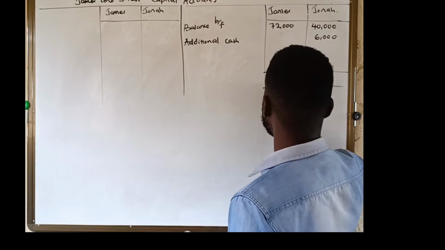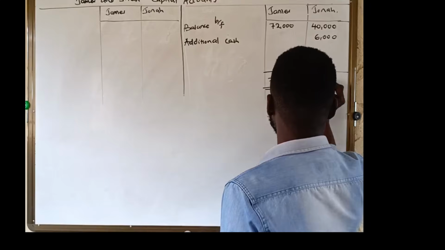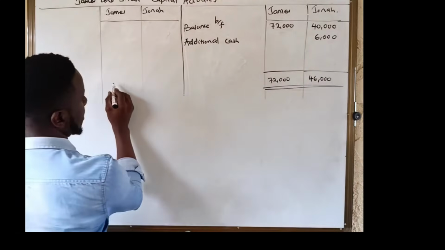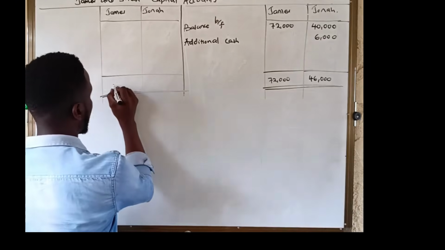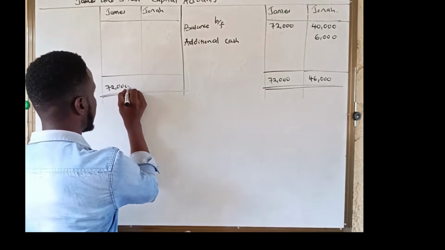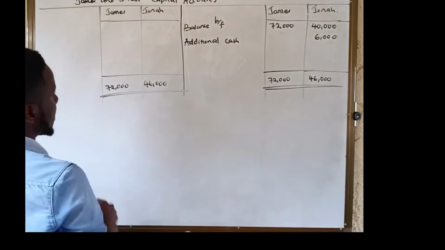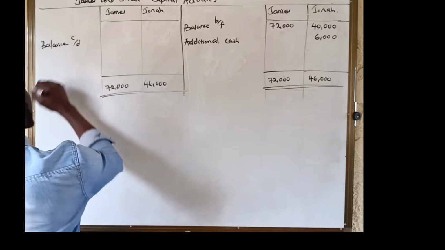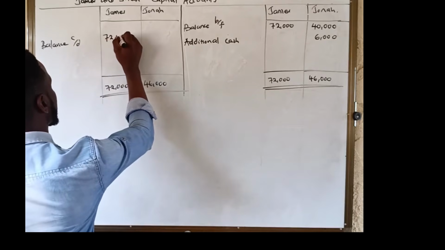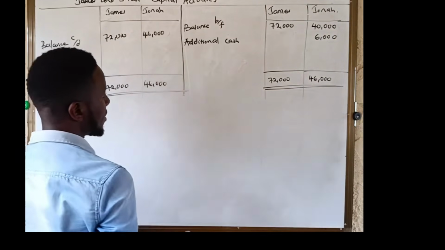So this is 72,000 and this is 46,000. So this side as well shall have 72,000 and we shall have 46,000. Therefore, our balance carried down will be 72,000 and here we shall have 46,000.